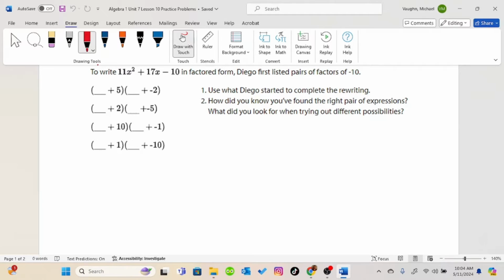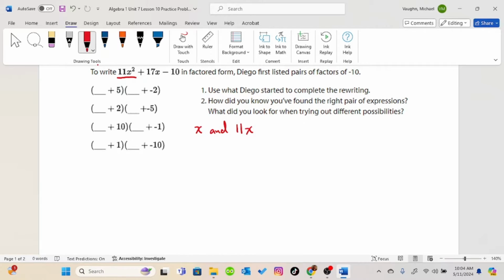So, we know that we're going to need to create 11x squared. The only factors of 11x squared would be x and 11x.